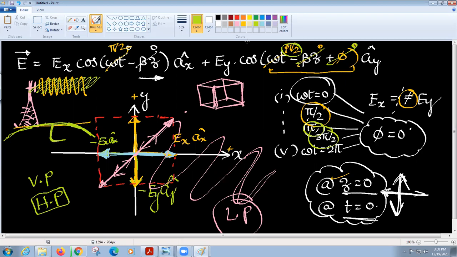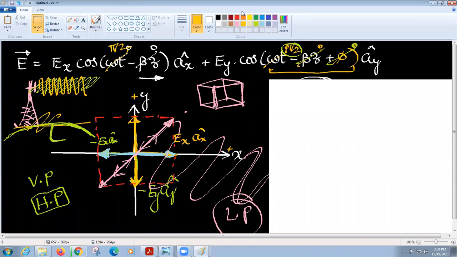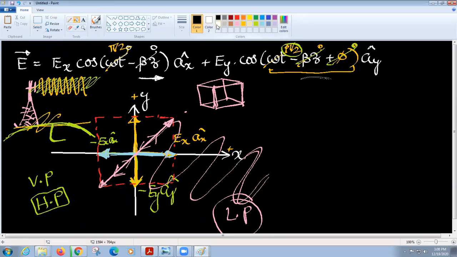You know why? Because, for example, let me take it this way. This is very important to understand again. So everything is important. Okay, let me take my earth surface.